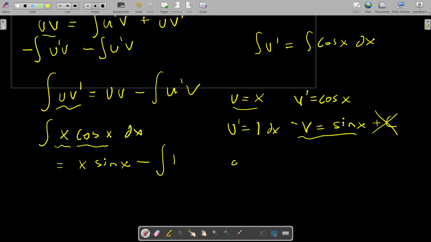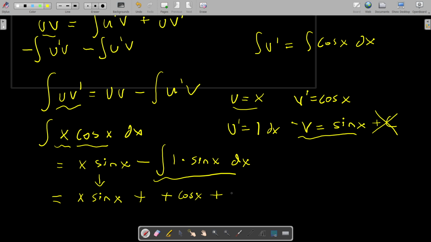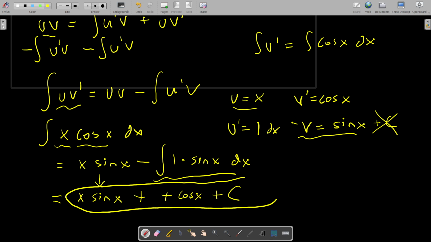We'll take the dx and put it over here at the end, and we'll use our v, which is sine x. Okay, and then all we need to do is integrate this piece right here. Bring this down, so we'll have x sine x minus the integral of sine x, which is minus cos x, but minus and minus is plus. We'll just do that and a plus c, and we're done.